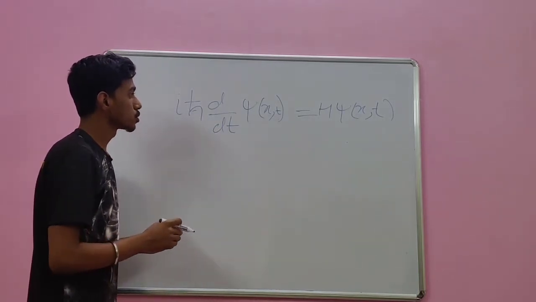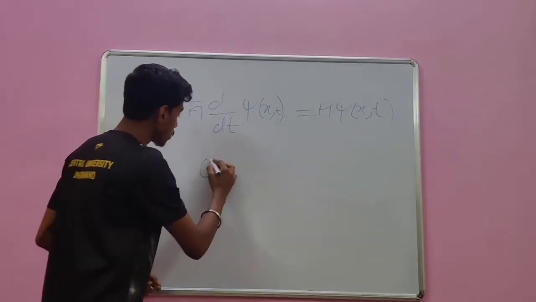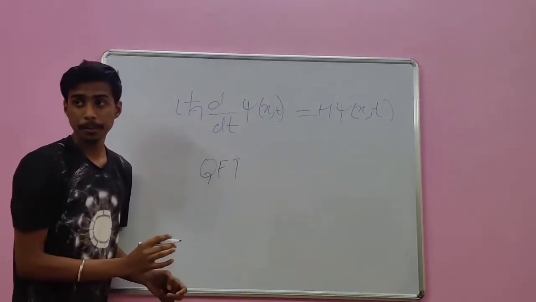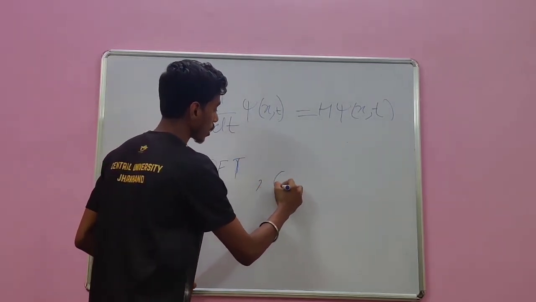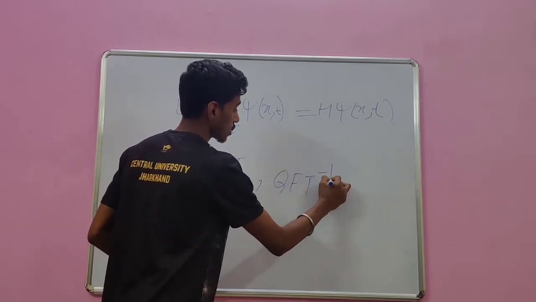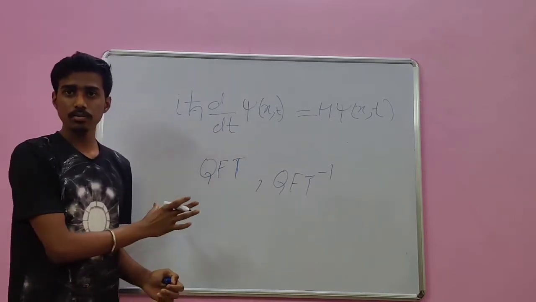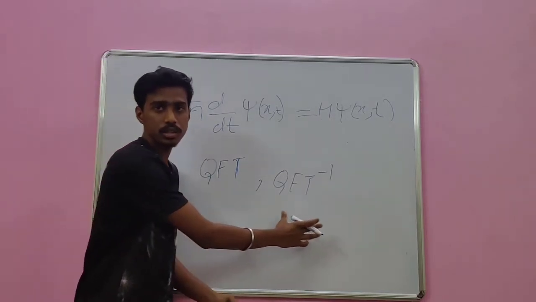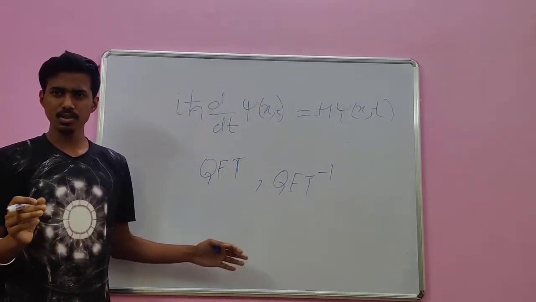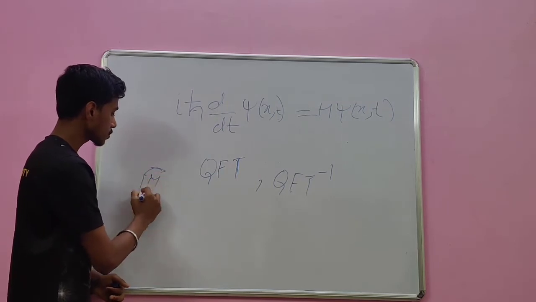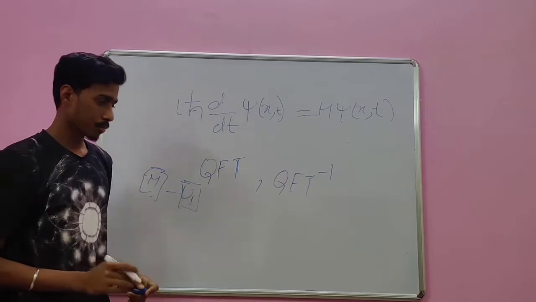So here we chose to decompose this Hamiltonian in terms of the quantum Fourier transform and the quantum inverse Fourier transform, which in quantum computers we can get easily by using some Hadamard gates and U1 controlled phase gates.